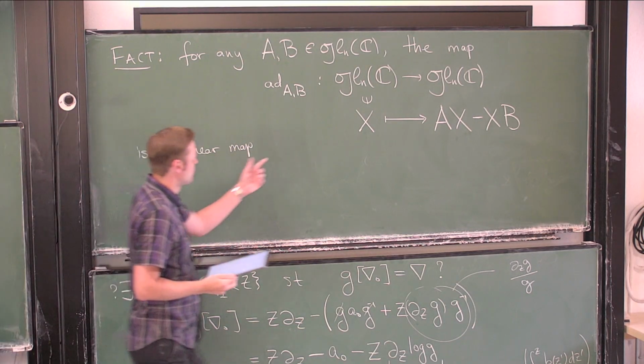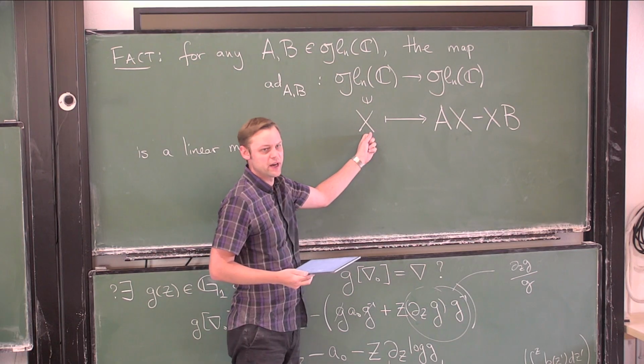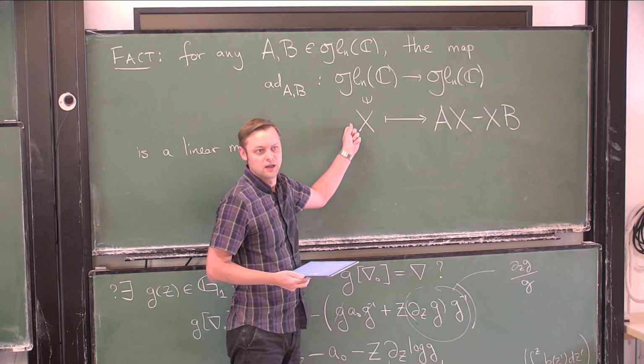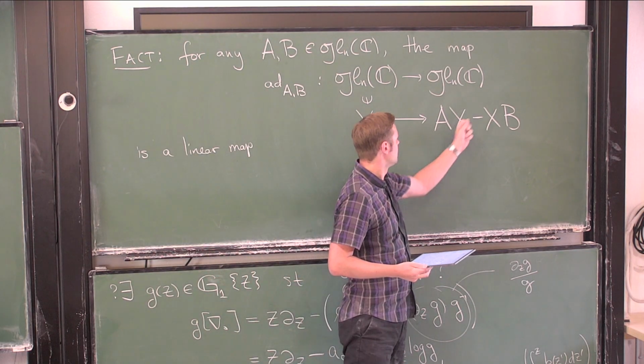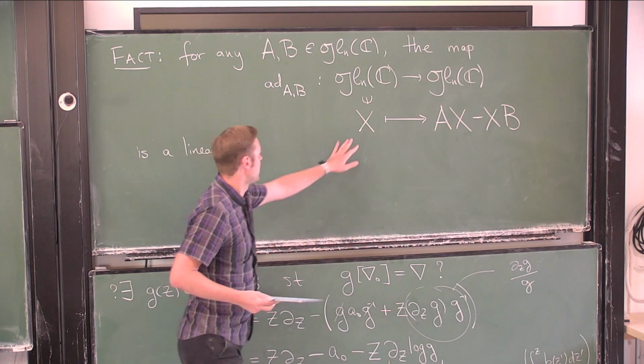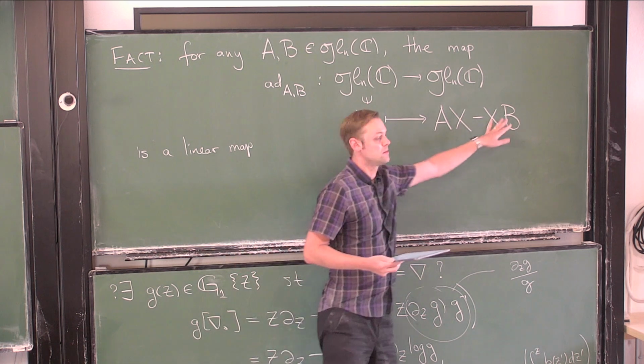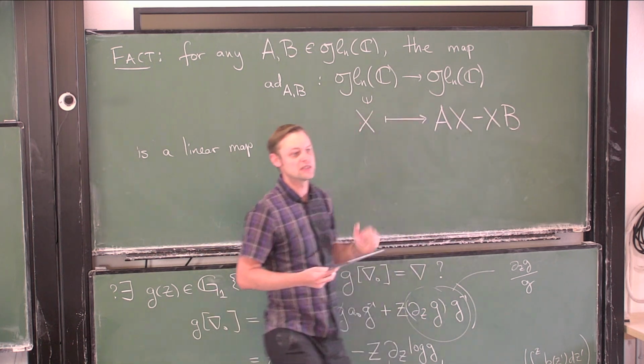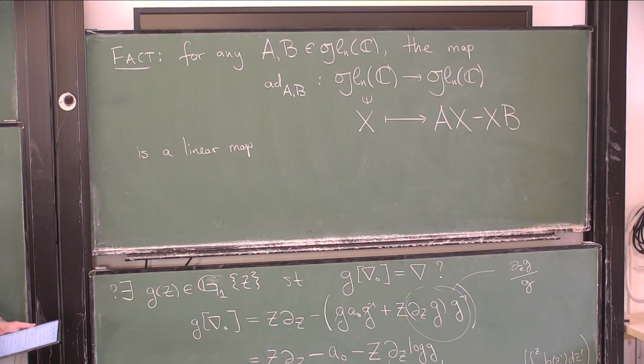That's pretty clear. If I multiply X by a scalar, these are matrix multiplications, so the scalar will just pop out. And if I apply it to a sum, you can distribute, and you'll see that it's linear. So that part's very obvious.